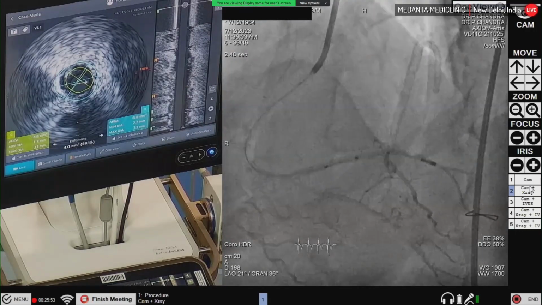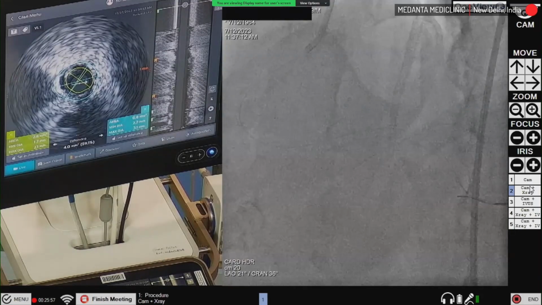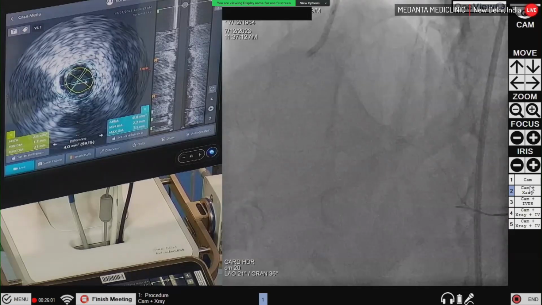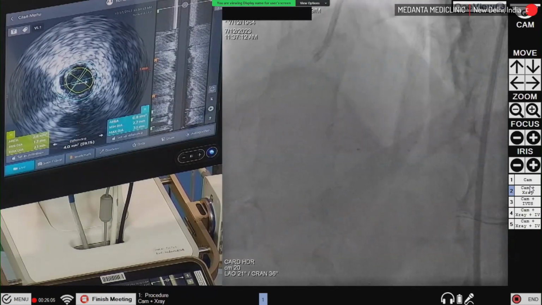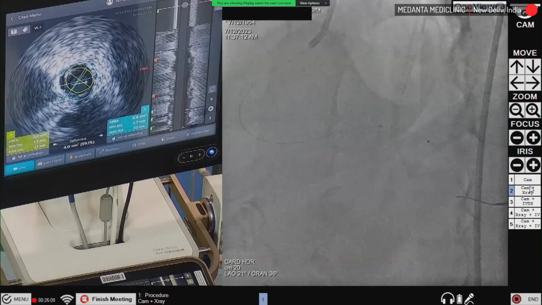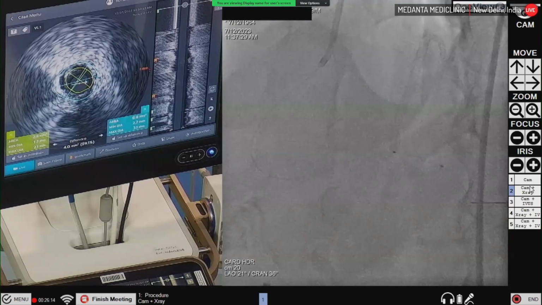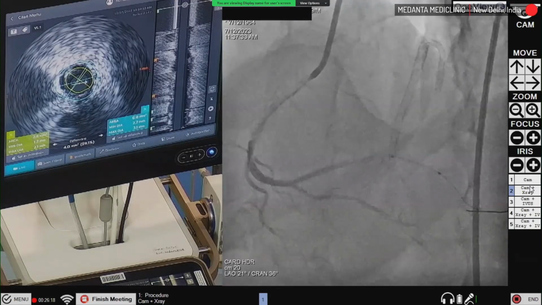Since this PLV is a very big artery, we'll respect this length, and that's why we are treating this. Okay. So it moved very nicely without any issues. And we are going to do this. Check, please.